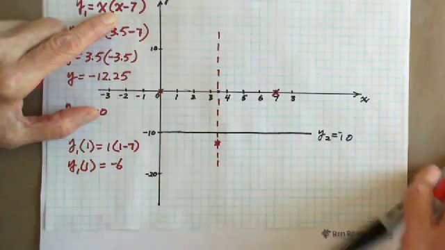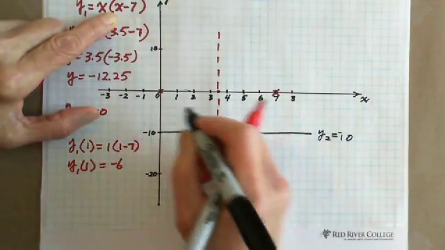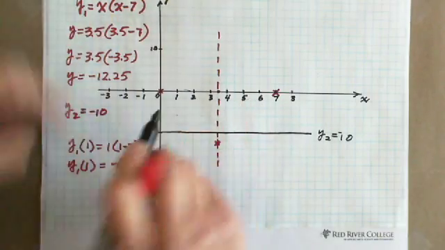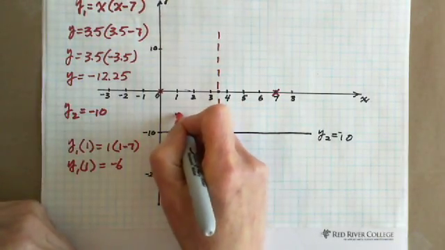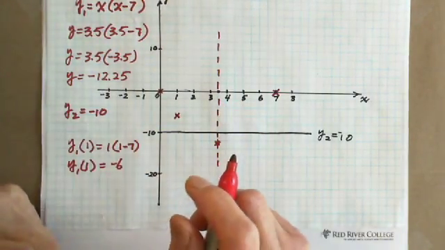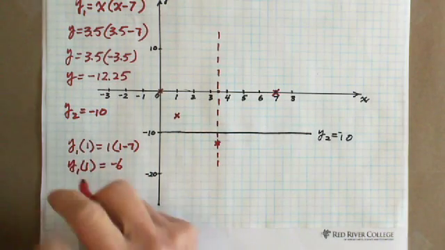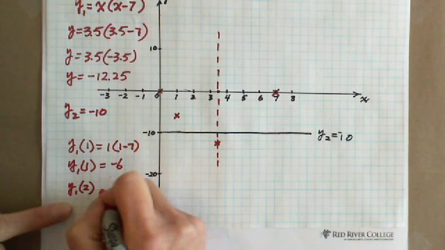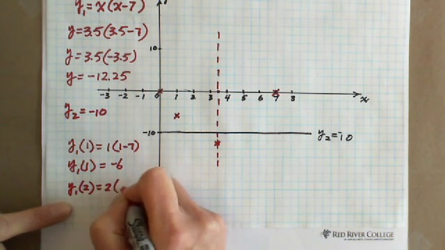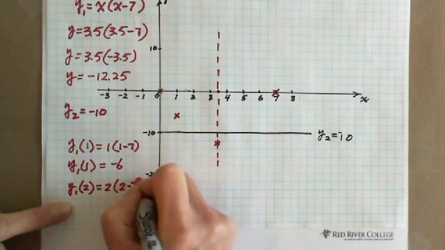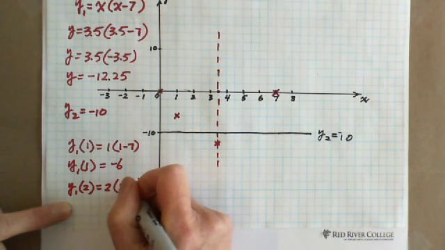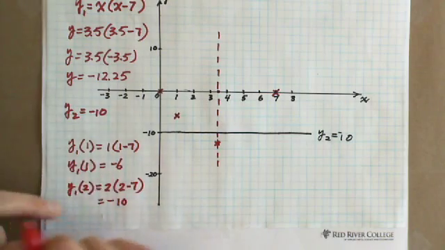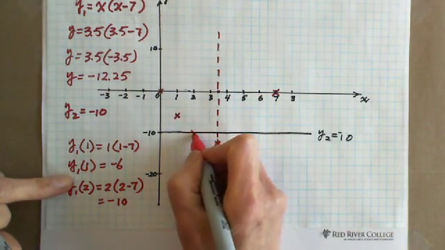So when x equals 1, y equals negative 6, which is this point. And we can get one more: y1 when x equals 2 is 2 times 2 minus 7, which gives us 2 times negative 5, equal to negative 10. See? Negative 10. So this is negative 10 here.